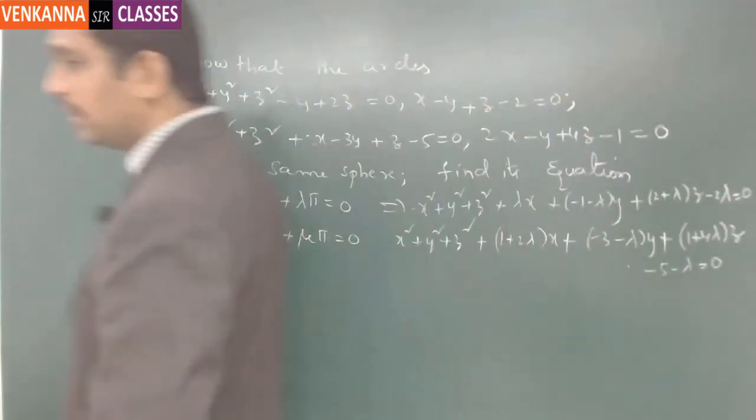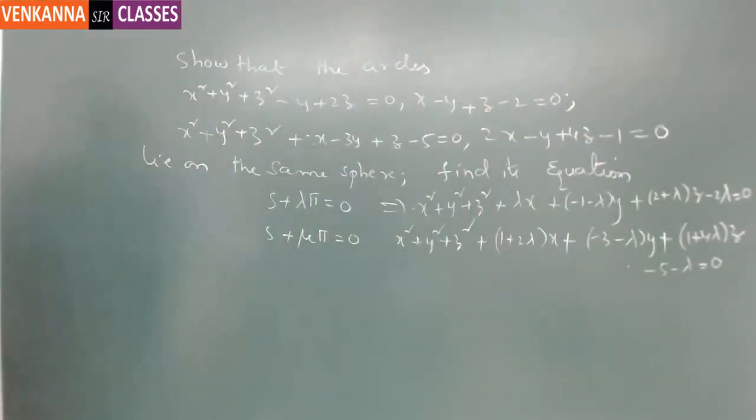Here we need to understand that if both the spheres are the same, then you need to equate all four things: the x coefficient, y coefficient, z coefficient and the constants also.